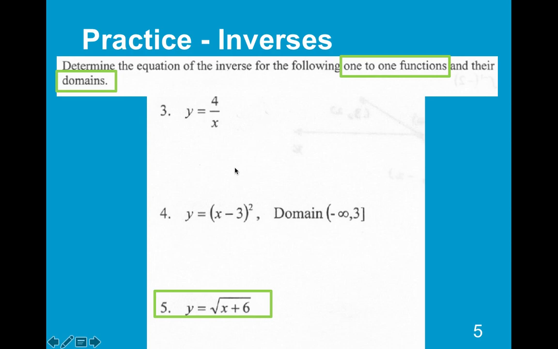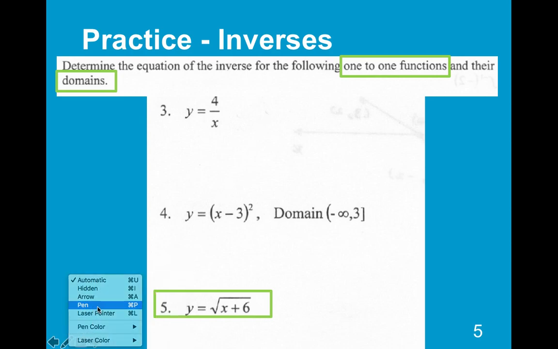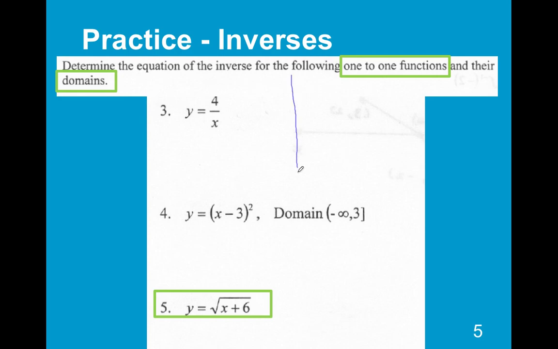Let me show you. Now, this is not something I expect you to know. I expect you to be able to do that algebraically. I don't expect you to know what the graph of 4 over x looks like.